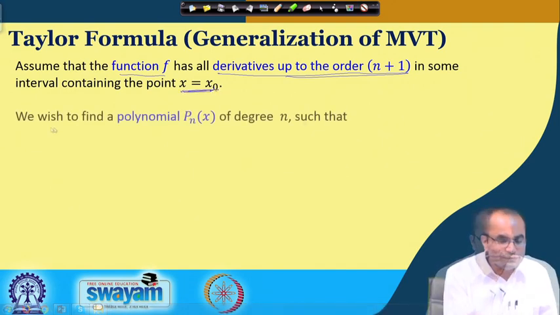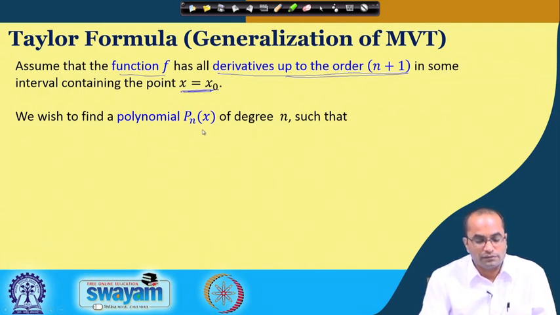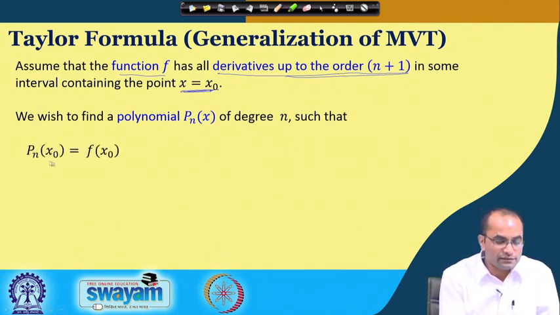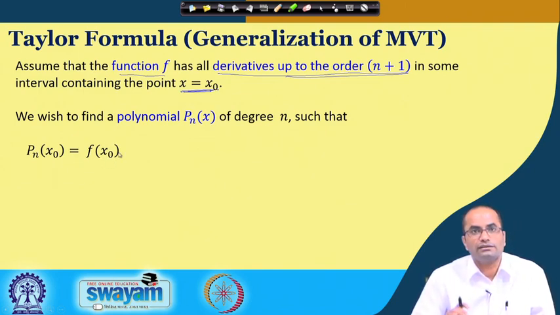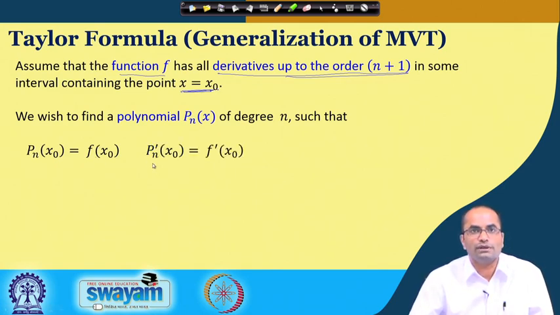Having this, we wish to find a polynomial p n x of degree n with these conditions. The polynomial at x 0 is equal to the function value at x 0. The first derivative of this polynomial is equal to the first derivative of the function.